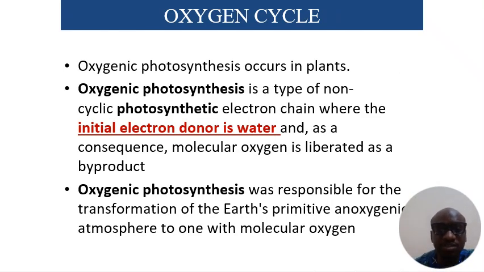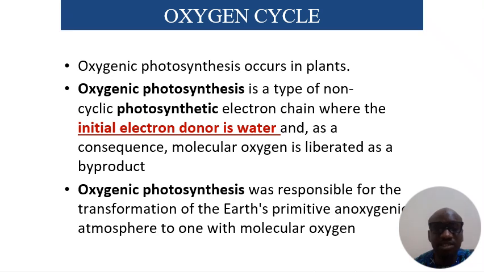For the oxygen cycle, we also have oxygenic photosynthesis, which is the main engine of oxygen production. It is a non-cyclic photosynthetic electron transfer process, and it uses water as its initial electron donor. And in this case, it produces oxygen as a byproduct.